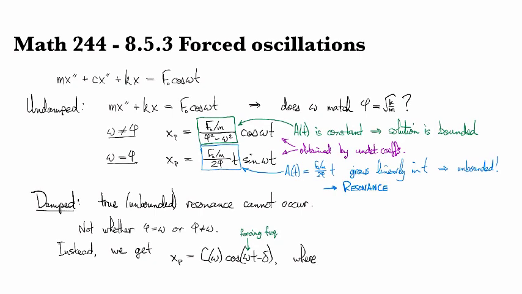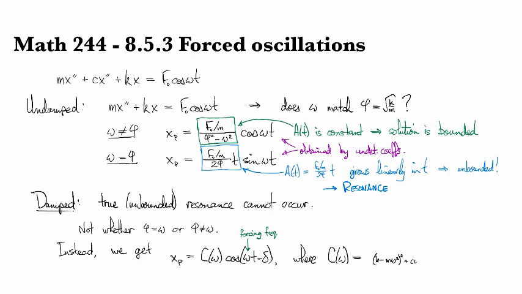But the other thing that's cool is this C of omega, this expression, it's a bit of a beast. It's got K minus M omega squared quantity squared plus c omega quantity squared, all in a square root in the denominator under your F naught.